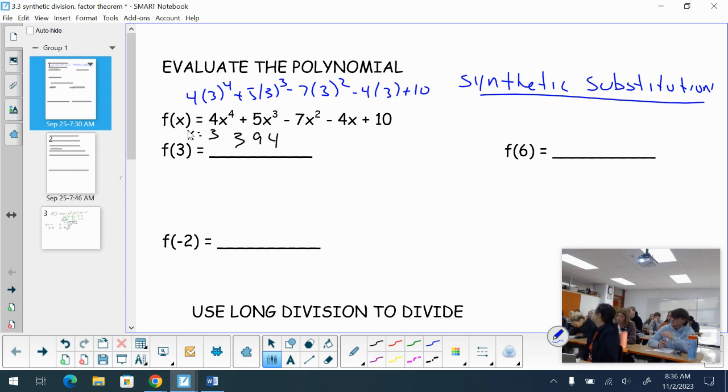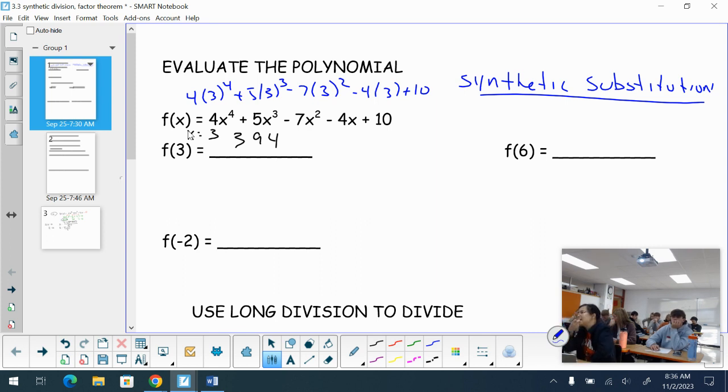Fake, not natural, which are all correct. Synthetic. Man-made. Synthetic turf, that's man-made turf. We don't have to mow the yard anymore because we have synthetic stuff out there. Well, synthetic substitution is the same idea.